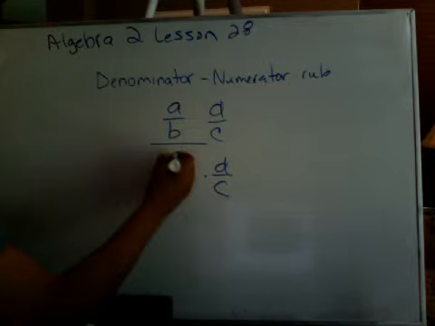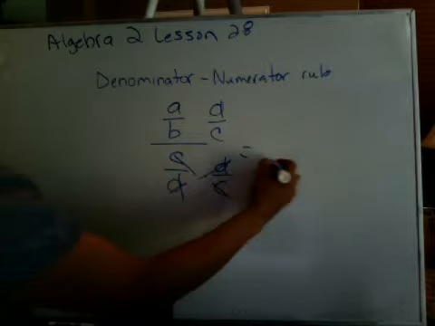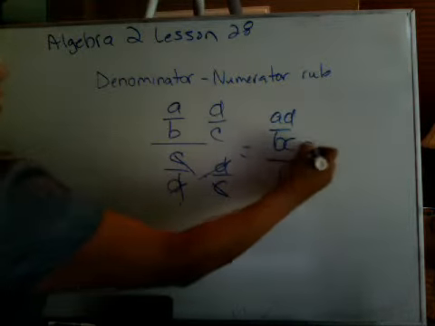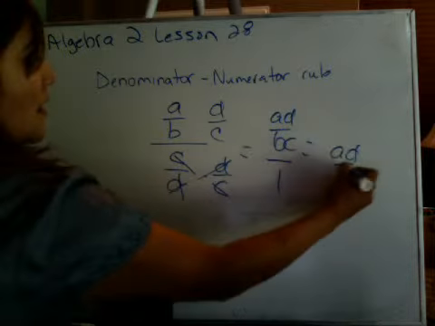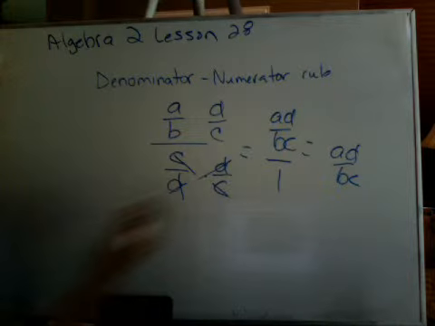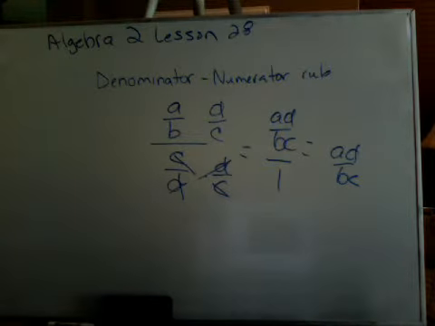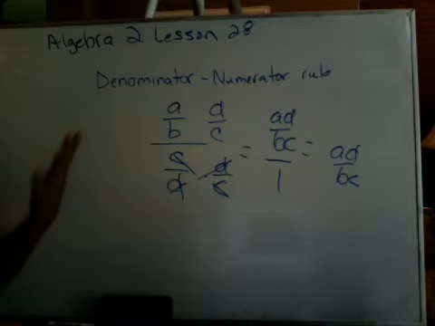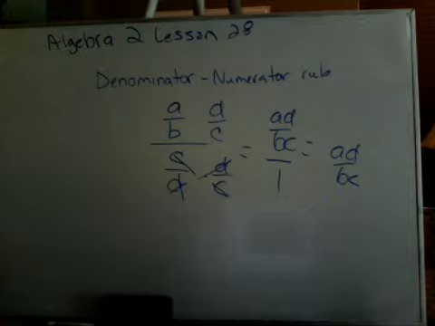So this cancels, and you get 1 here, and you simply have AD over BC. So we're still using our same rules. They just look different, that's all.